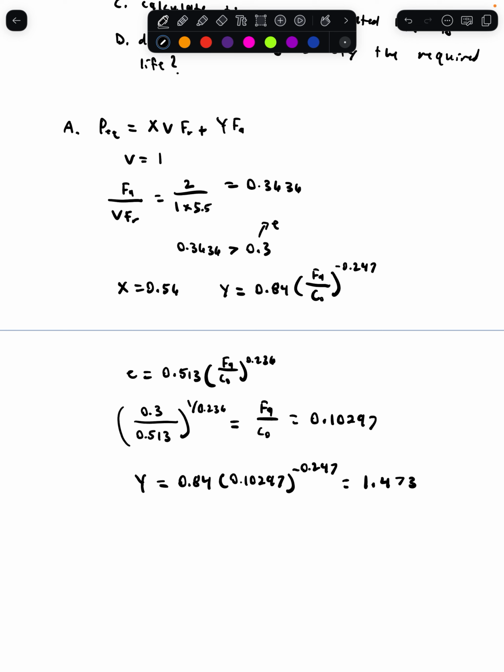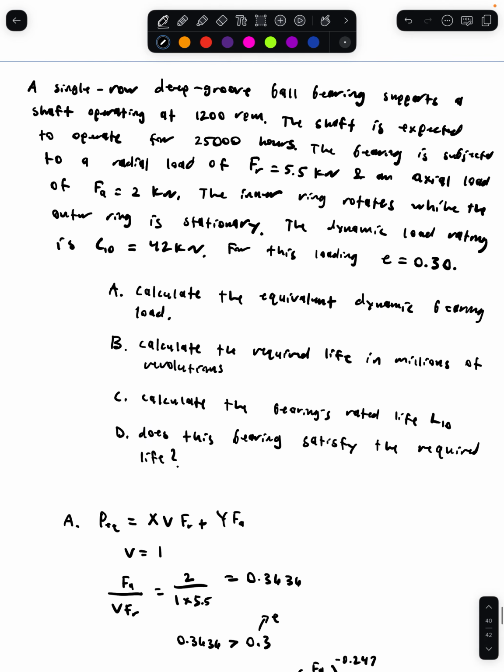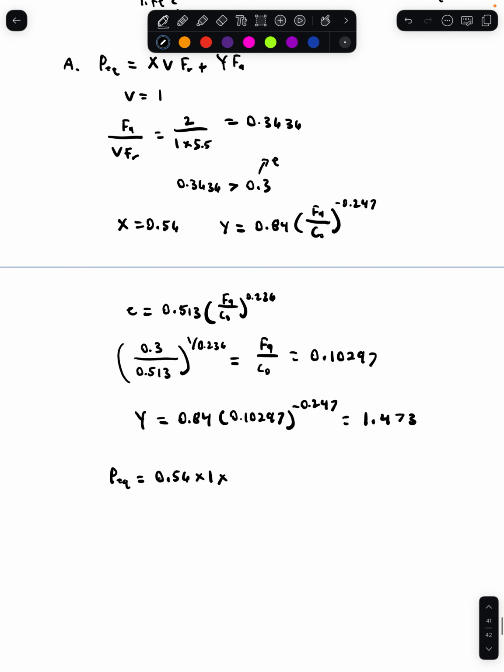Okay, so now we can go ahead and solve for our equivalent dynamic load, or equivalent radial load, however you want to say that. So we're going to have X is 0.56 times V is 1 times our radial load, which was 5.5 kilonewtons. We're going to add to that 1.473 times 2 kilonewtons, which is our axial load.